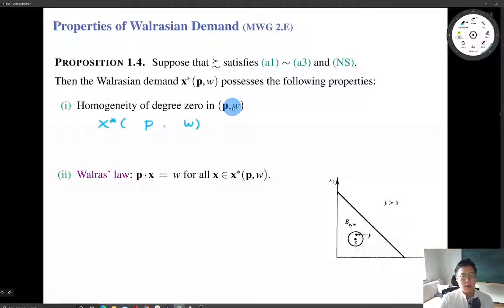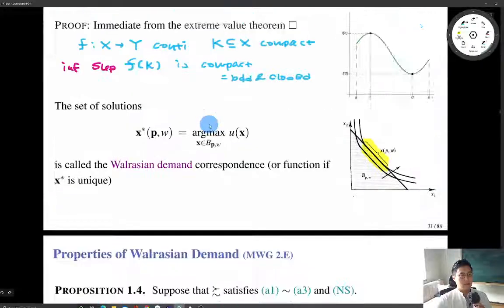Okay, and then we scale up each parameter by alpha, where alpha is a strictly positive constant. And we end up with x star, the original Walrasian demand, x star of p and w. So we can simply remove that constant.